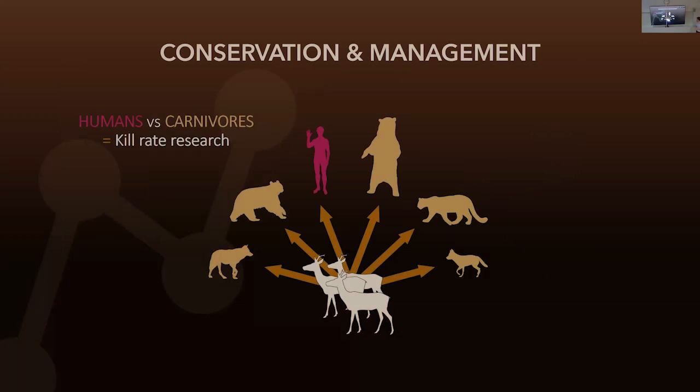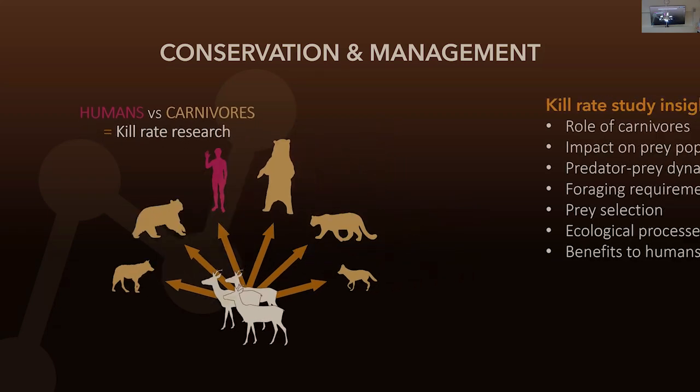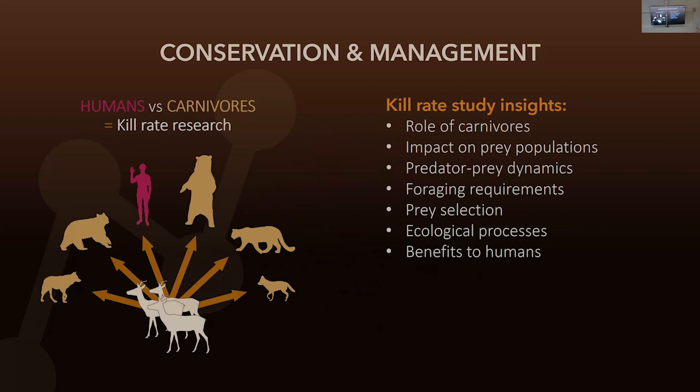So it also appears that most kill rate research has been motivated by conflict between humans and carnivores for ungulate meat. Whilst this is a relatively limited set of motivations, these studies have provided really important insights into predator-prey dynamics and carnivore ecology.